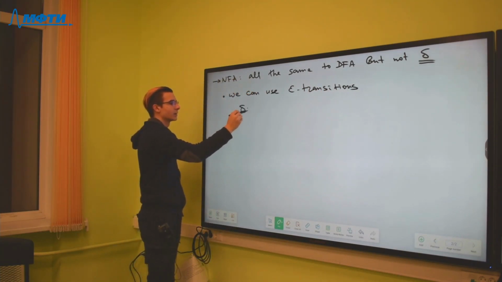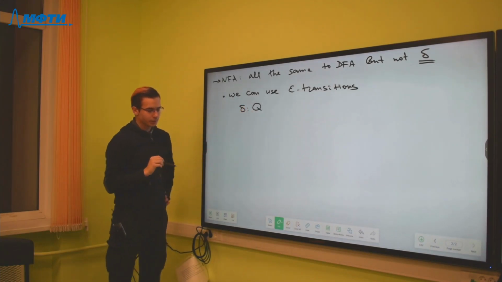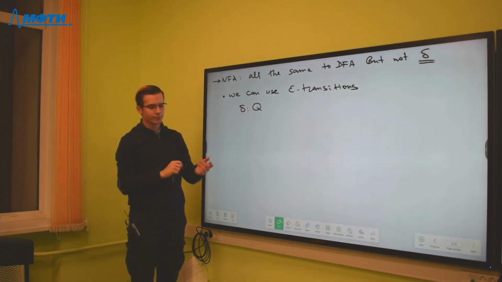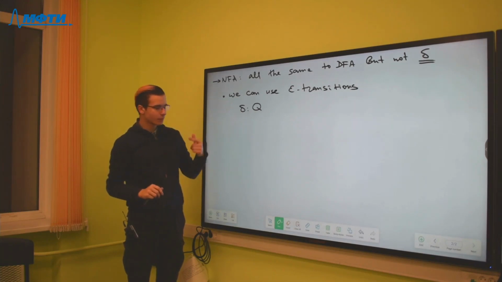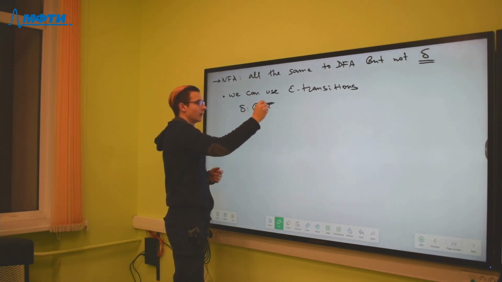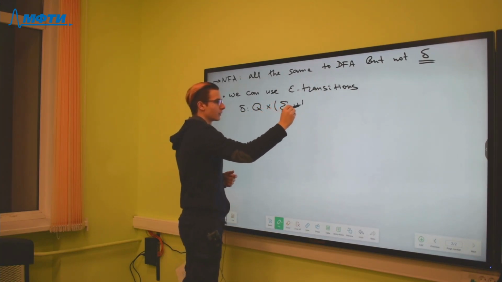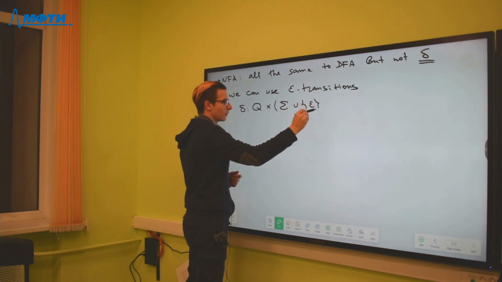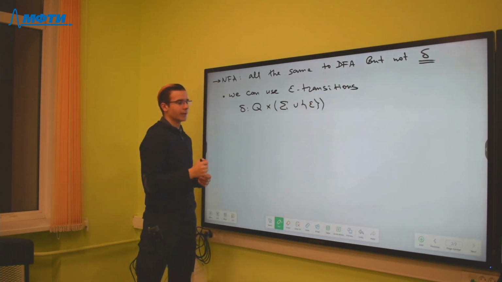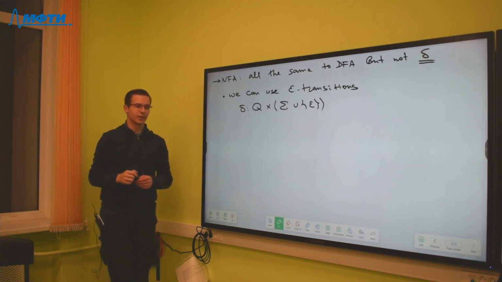And then the transition function is equal to our function when we know the state of our algorithm. And then we can change it with epsilon.